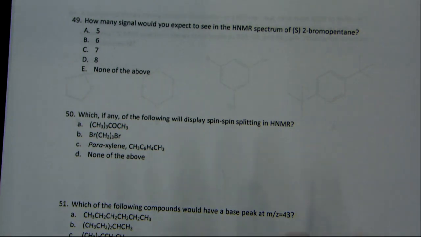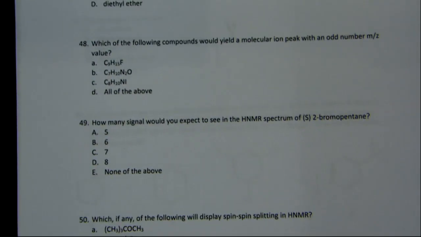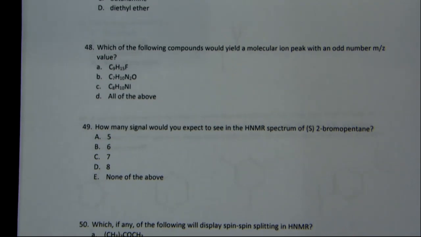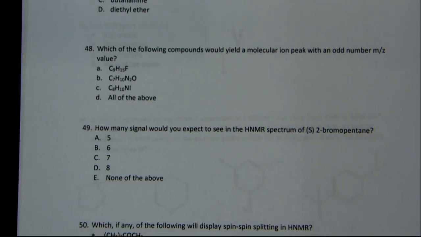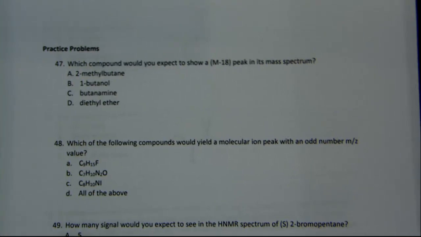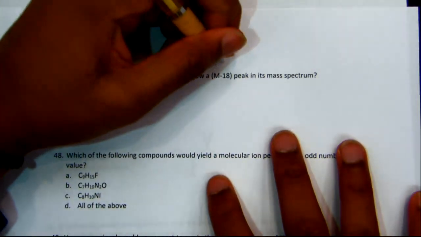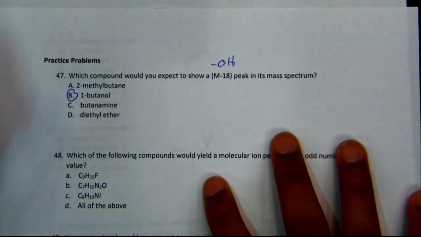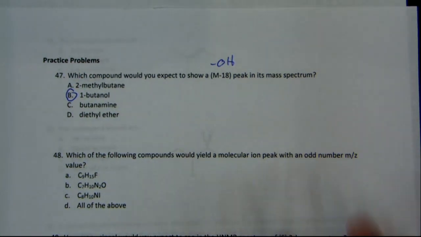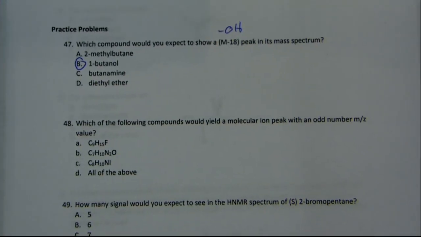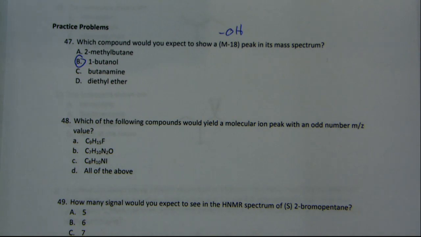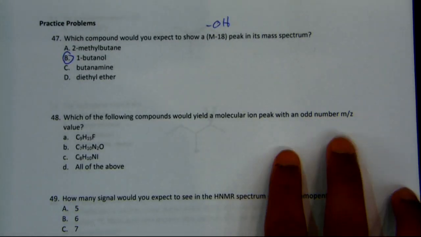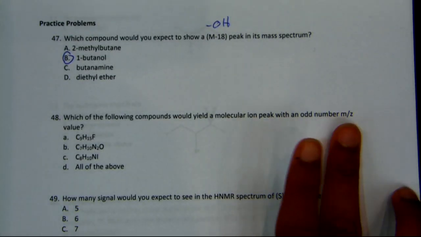Okay, two more pages. We're almost there. Which compound would you expect to show an M-18 peak in its mass spec? M-18 is indicative of an alcohol, and there's only one with an alcohol, so B. So this is that nitrogen rule. An odd number of nitrogens should give a molecular ion with an odd mass.